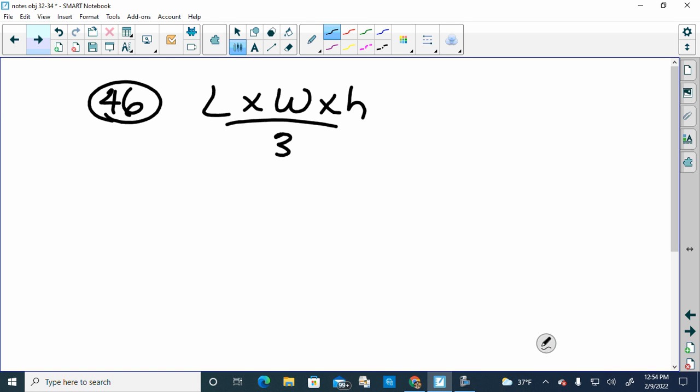Okay, so the length and the width really doesn't matter which one's which. But what are the two numbers for length and width? On that drawing, the numbers 11 and 10. So it really doesn't matter which one you write here. Some people take it one way, some the other. So it's going to be multiplication. So 11 times 10, and then the height is going to be your 12.